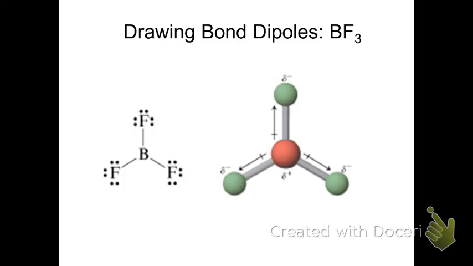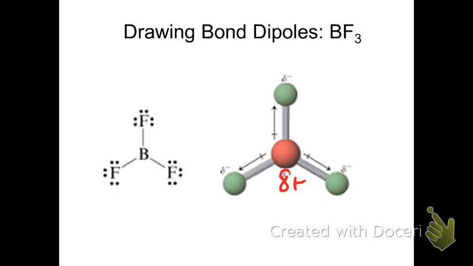On the right-hand side, what we've done is we've drawn bond dipoles between the boron and the fluorines. The way these dipoles work, and I'm going to make new arrows that are a little bit bigger, is that essentially you draw them from the less electronegative element, or the delta plus.